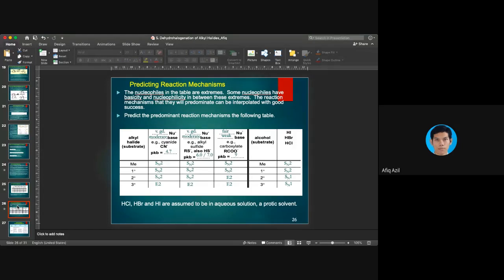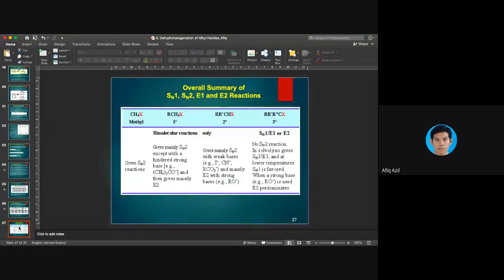There are a few tables over here that I'm sharing with you, which you can use to learn how to predict which mechanism the reaction will proceed by. Okay, I already provided you with a little bit of tutorial, and what you can do is try to find more questions. Normally in textbooks, on the last page, they will have questions.